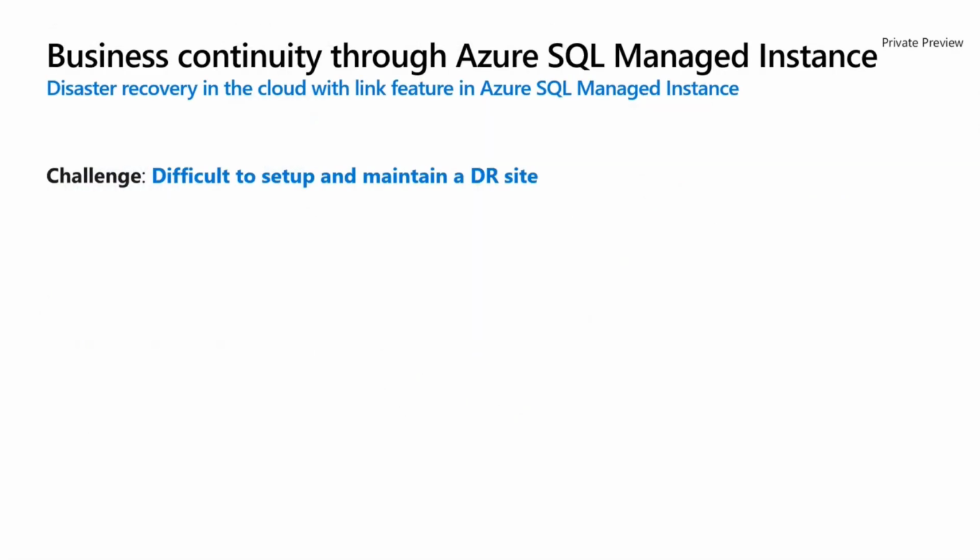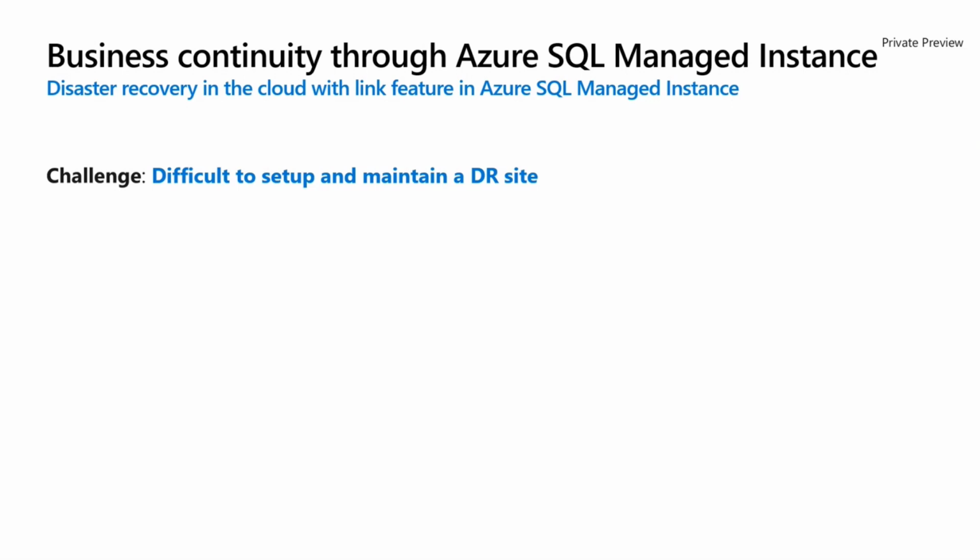All right, we will present this first challenge, right, which is being able to accomplish business continuity using managed instance. We all know that setting up a DR environment is quite hard if we talk about the on-premise environment, right? We need to get a new data center in a different location.